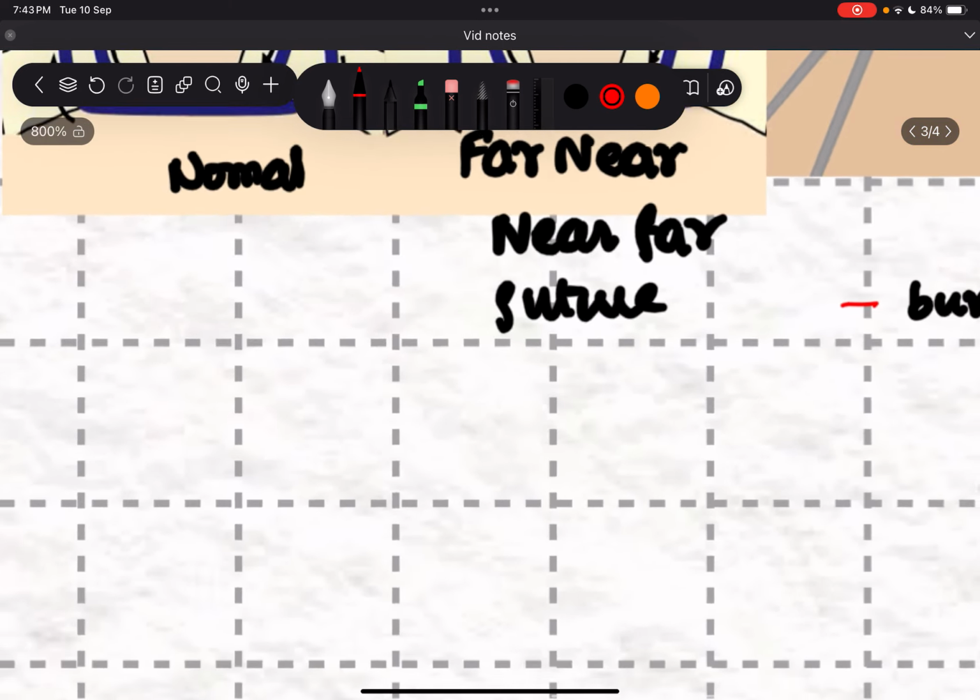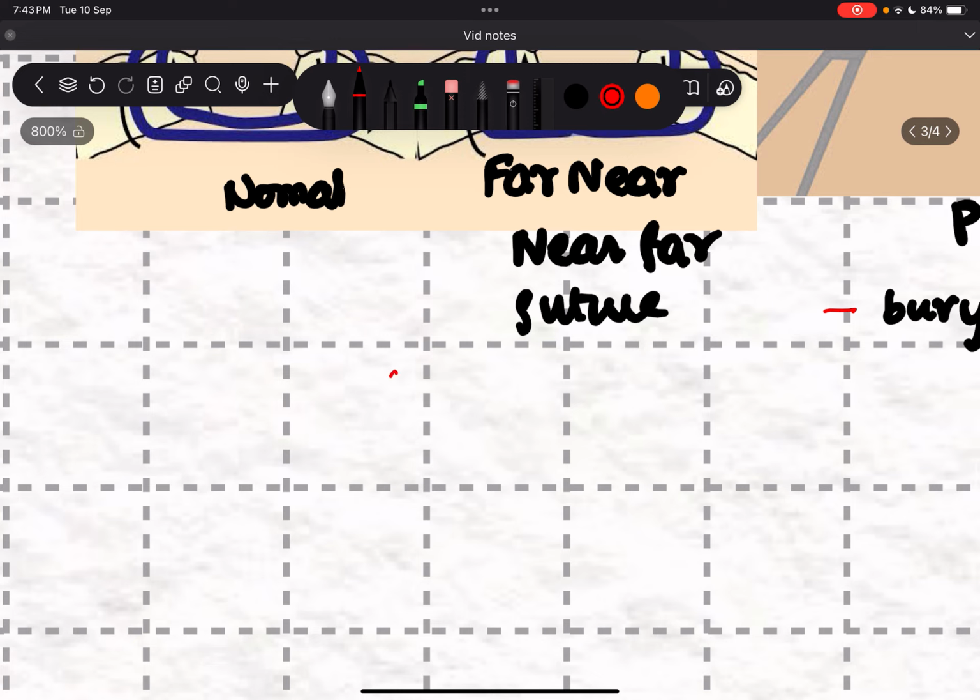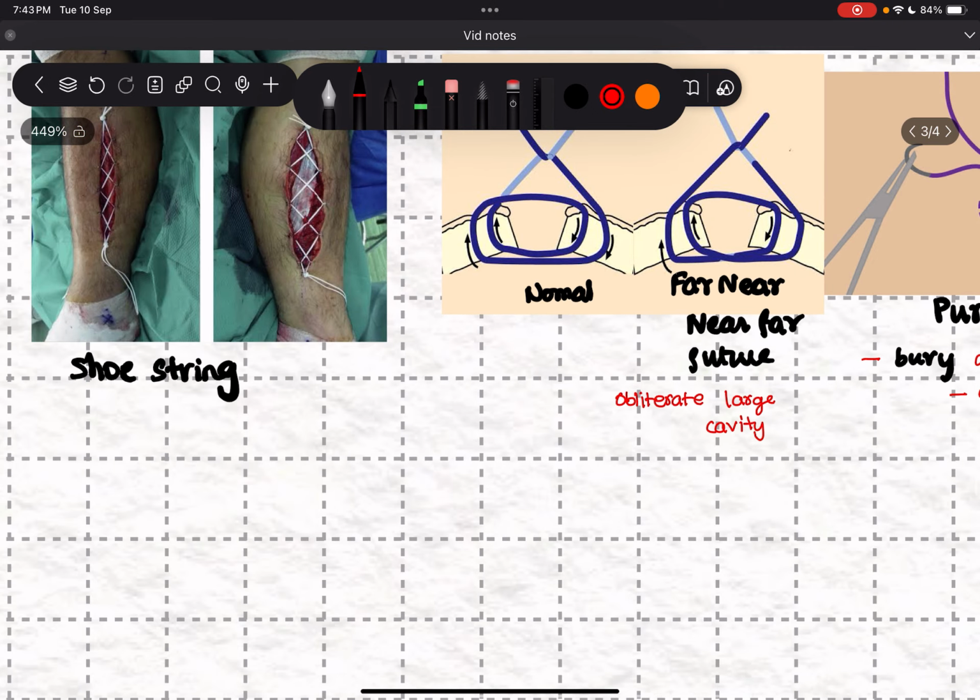Far near for suture is used for obliterating a large cavity, and there is shoestring technique.